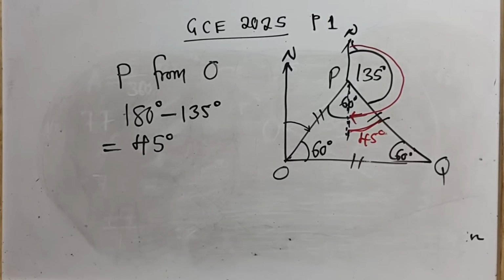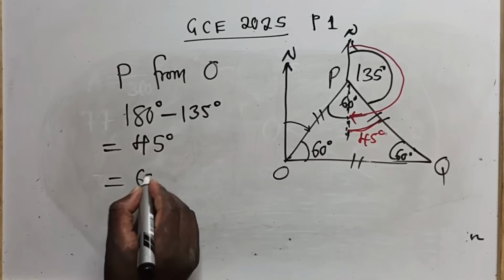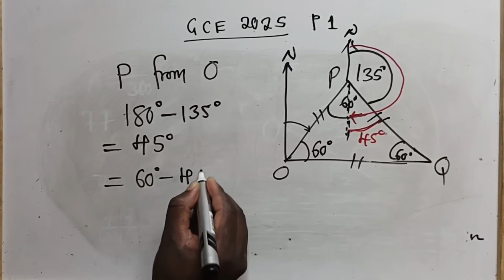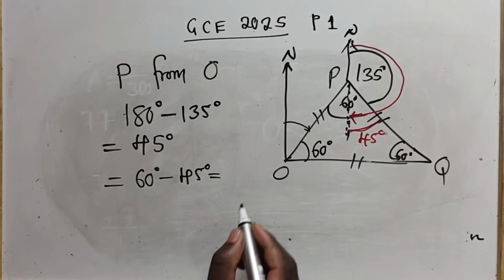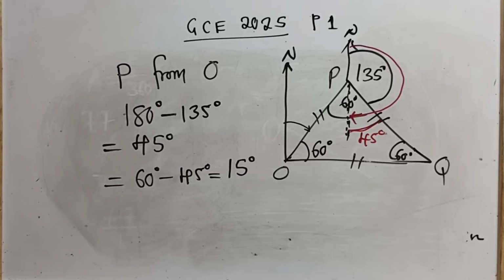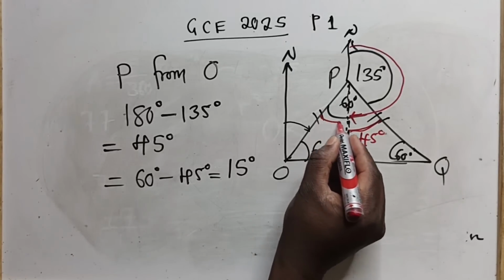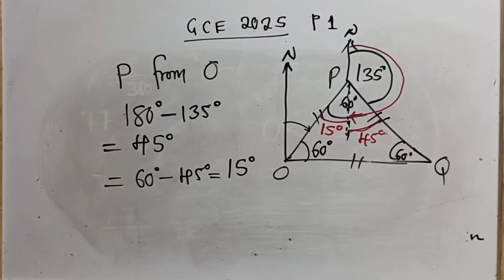So now, after finding 45, I'm going to say 60 degrees minus 45 degrees. You are getting 15 degrees, meaning this angle here, from here to here, is 15 degrees.